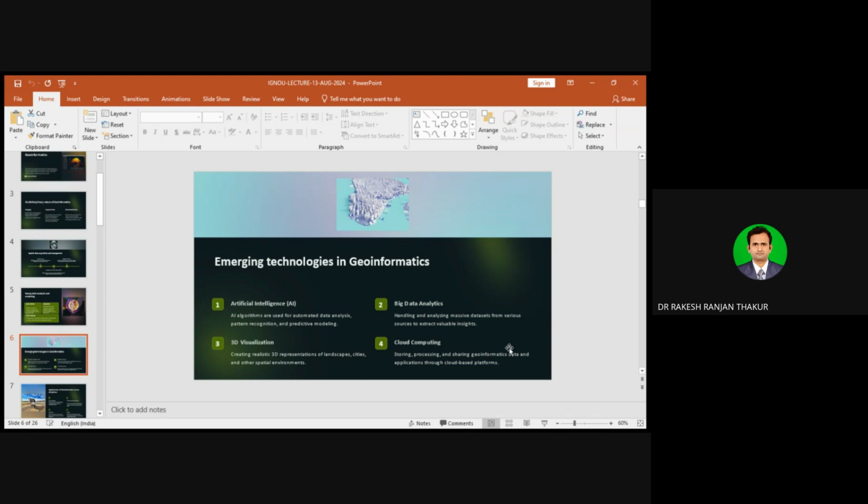Then in data nowadays, the use of data is very very important, and I can say that in each and every sector the use of data is very essential. So thing is that how to handle and how to analyze the massive data set. For example, suppose you are having the data of a village.